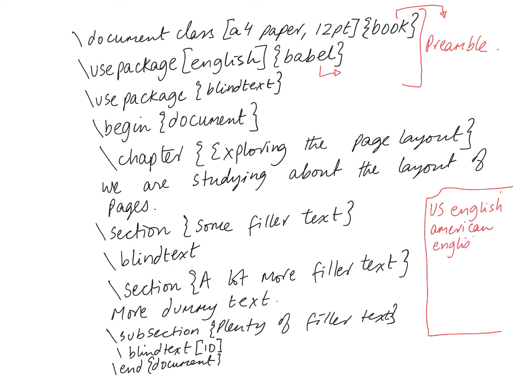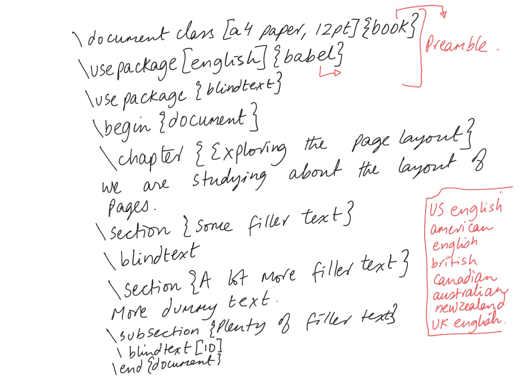We could use English. We could use Canadian. We could use Australian. We could use New Zealand. And we can use UK English. So the spellings, everything will change. If there's hyphenation, it's going to use it, and so on.